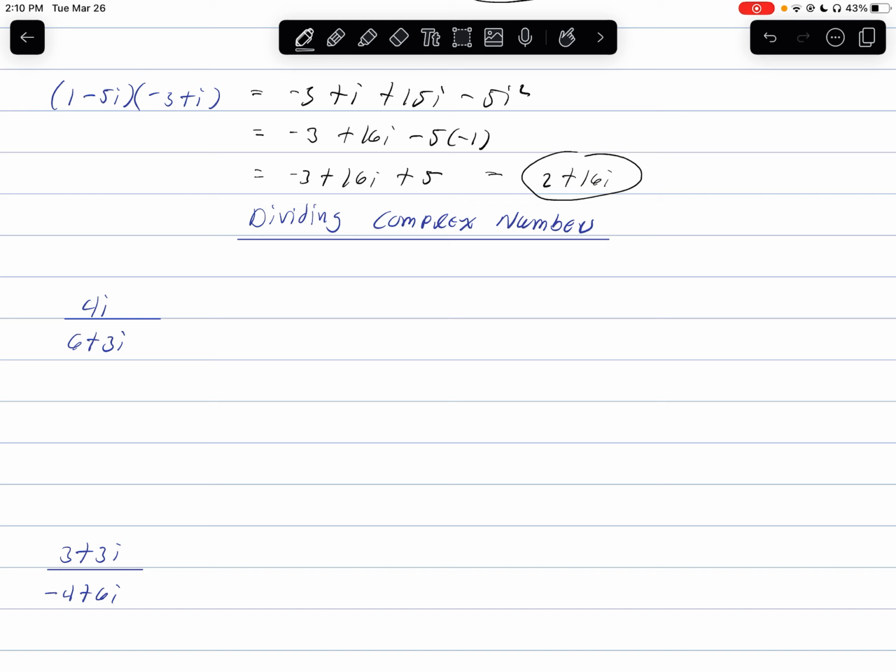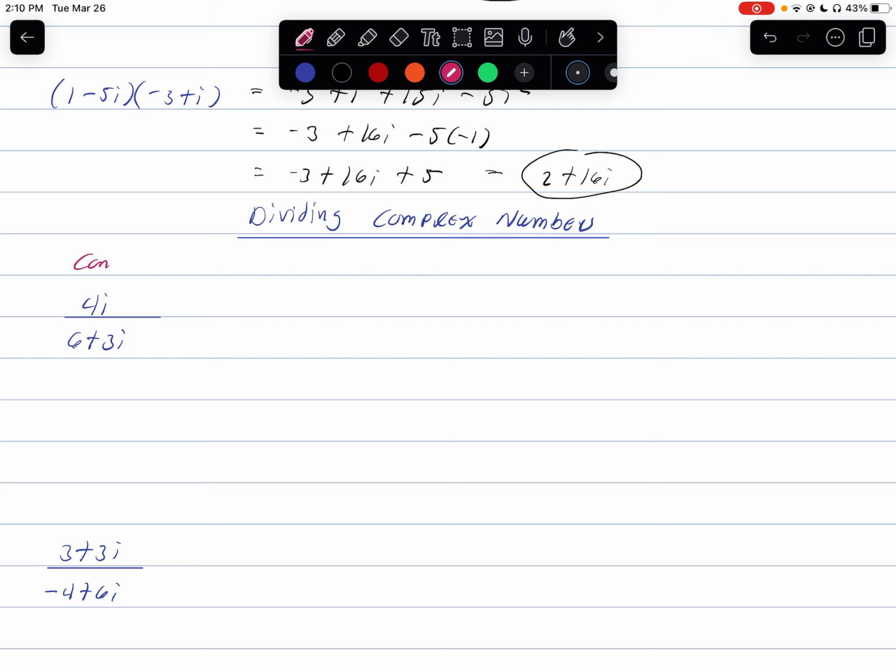Okay, so this is where we have to remember something we talked about a couple of videos ago, and that is the conjugate of a complex number. If we have a complex number of the form a plus bi, the conjugate is a minus bi. Okay, so all we're doing is changing this middle sign.